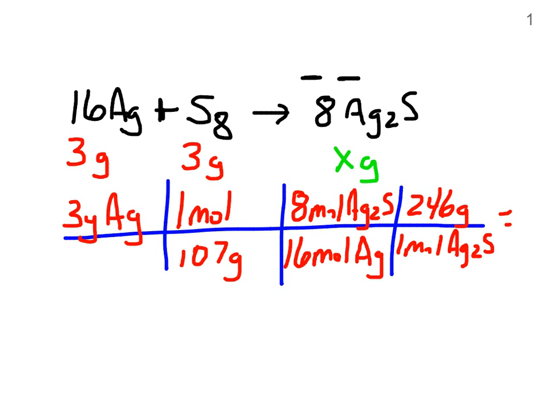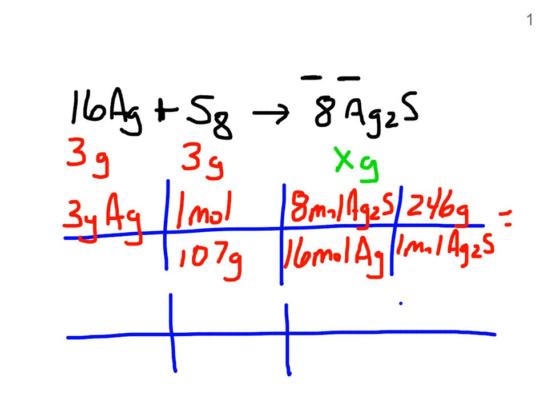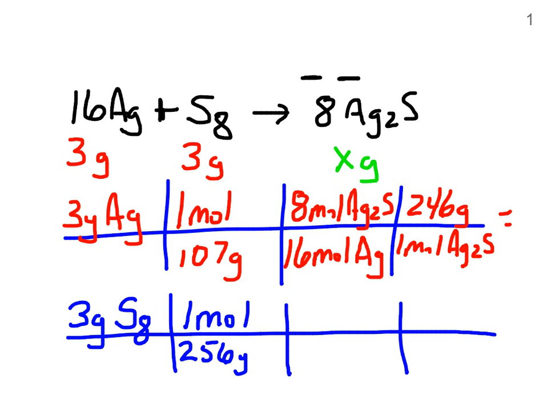All right? I'm going to do another calculation, but this time I'm going to solve for the other reagent. So again, I'm starting off with 3 grams, but that's because that's how much S8 was given in the problem. So 3 grams of S8. The GFM of S8, well, that's 32 times 8. It's 256 grams. 256 grams.